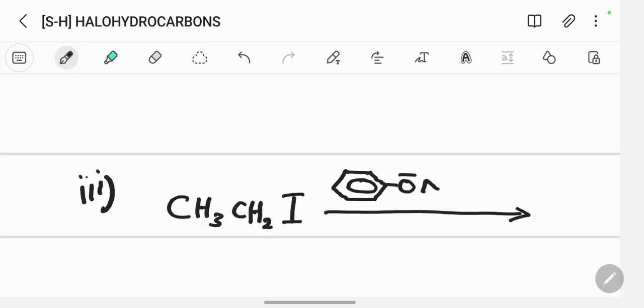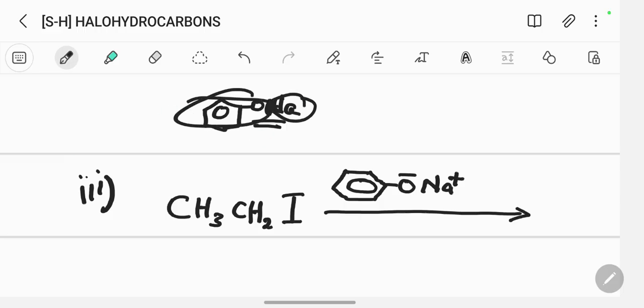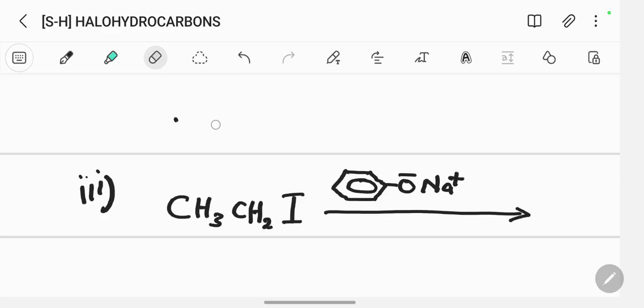They may give you an ethoxide, sodium ethoxide, sodium phenoxide, because this is pheno. When it has OH, it is pheno. So when I remove this H and I make it sodium, it is sodium phenoxide. That's how we name it.